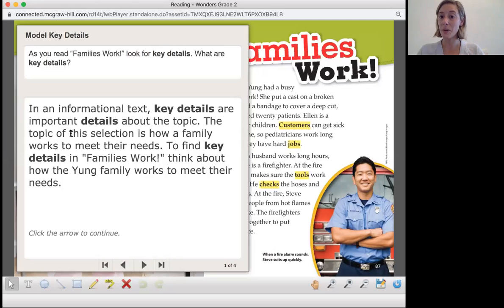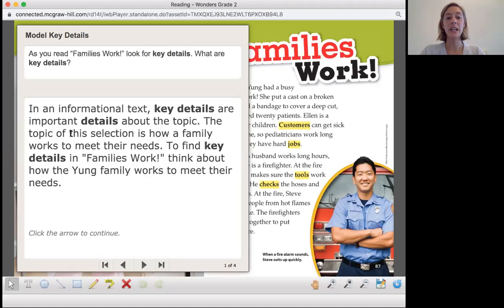That means it has information and it is nonfiction, which means it is true. So in an informational text that provides information, key details are important details about the topic. The topic of this selection is how a family works to meet their needs.